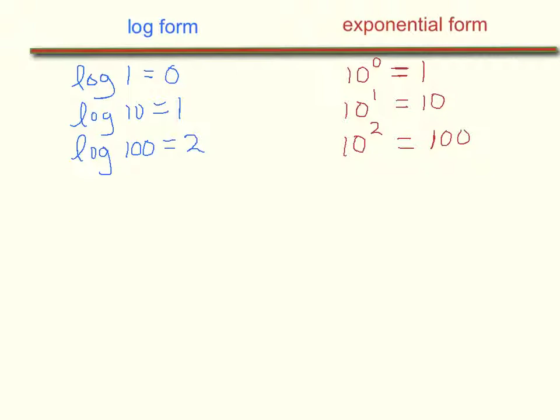We can do decimals. We can go the other way. Instead of getting bigger, we're going to go smaller. So we can say, what's the log of 0.1? And we're going to say that that would be -1. Why? Because 10 raised to the -1 is the same as 1 over 10, which is 0.1.